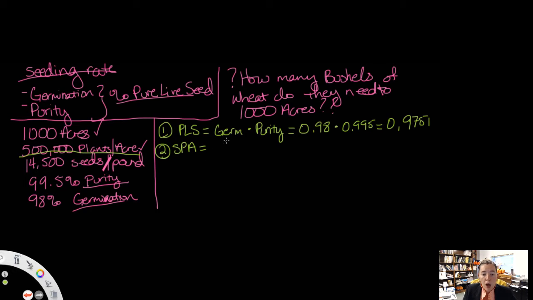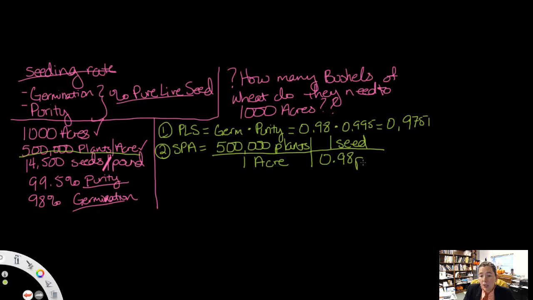So for our SPA, we take the value we're given of our 500,000 plants per acre. And we're going to set this up in this conversion factor way, where we're looking at for every one seed that we put into the ground, 0.98 plants will actually emerge.